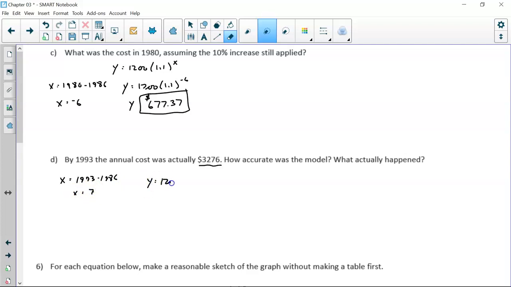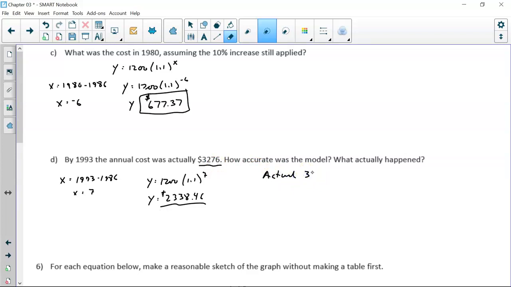So it's 1200 times 1.1 to the 7th. So the model is saying that it should be $2,338.46.